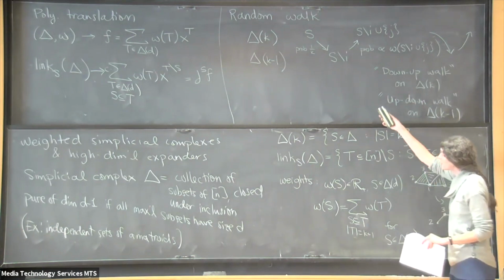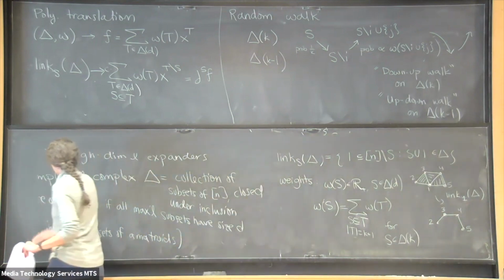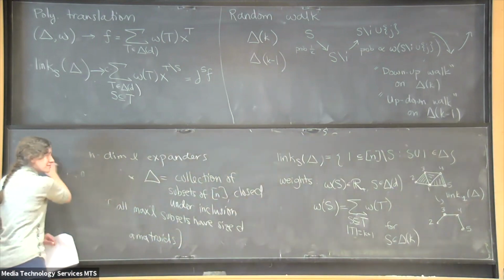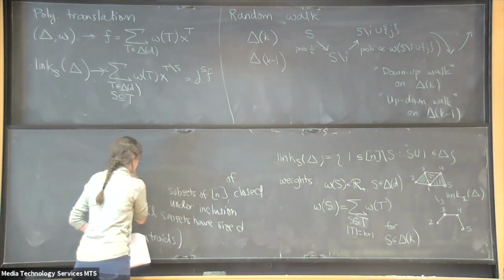And if I'm looking at subsets of size k on n elements, then these start to get quite large. This is a random walk on n choose k things.